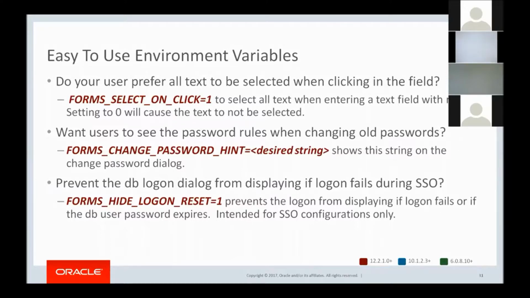We wanted to provide a way in which we could prevent that database login dialog from being presented. So we added this new feature. The idea being that if the single sign-on login fails, the user will contact the administrator and explain that, hey, I'm trying to log in with single sign-on and it's failing for some reason. The administrator would find out, well, that's because the database password expired, and they could go in and update it and make the correction.